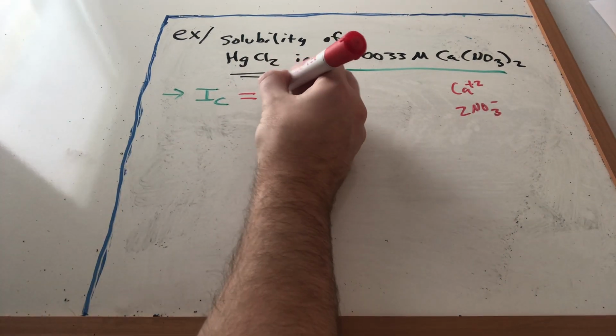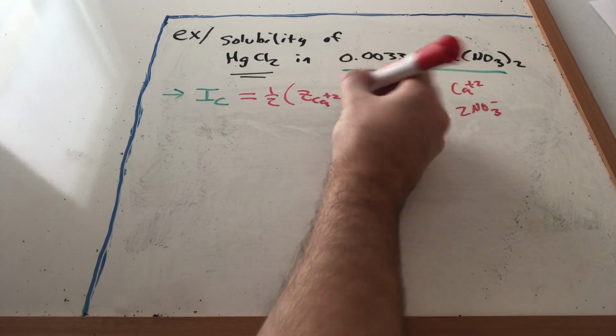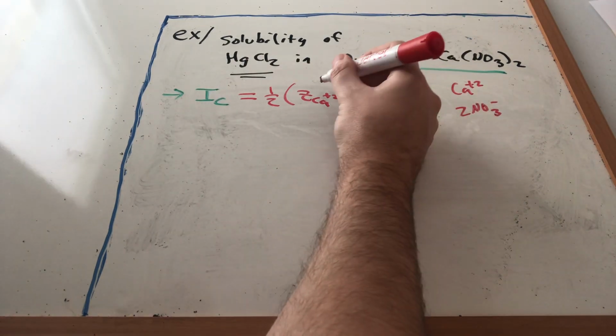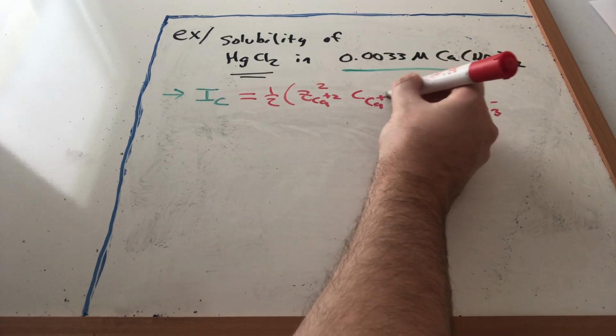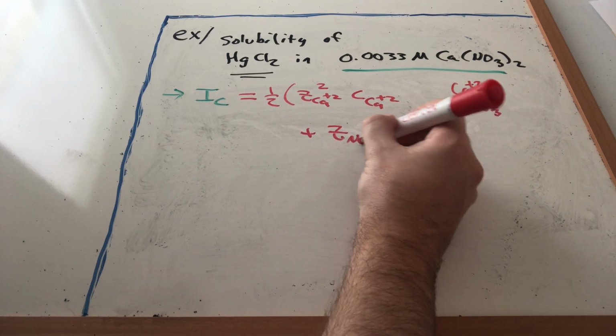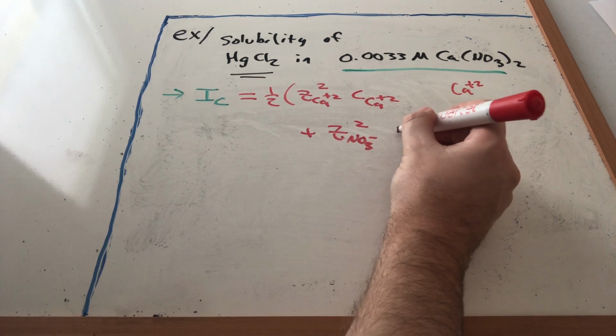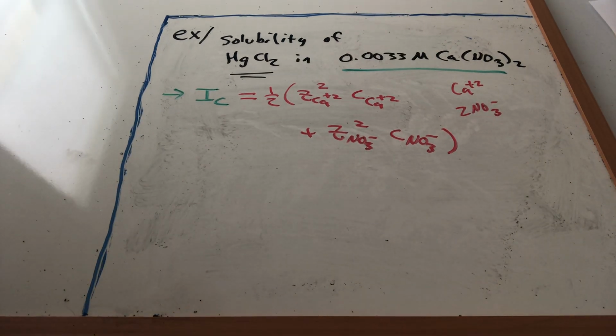So it's 1/2, the charge of calcium plus 2, squared, times the concentration of calcium plus 2, plus the charge of NO3 minus squared, times the concentration of NO3 minus in our solution. So there are more complications here than the other I sub c's that we've been looking at.